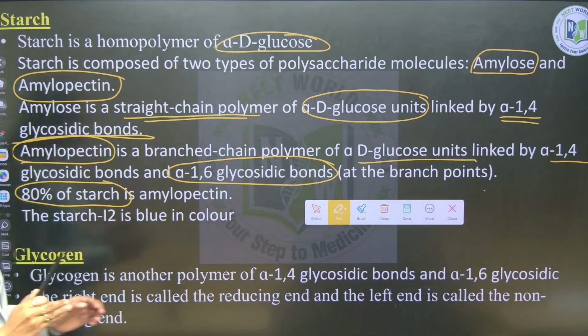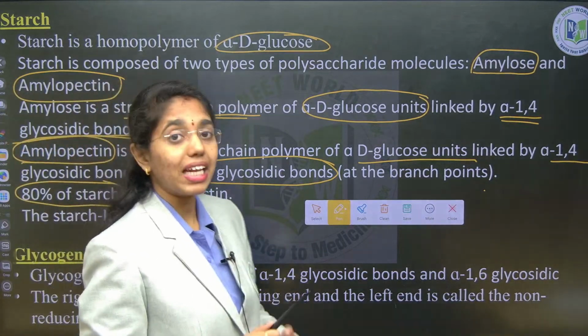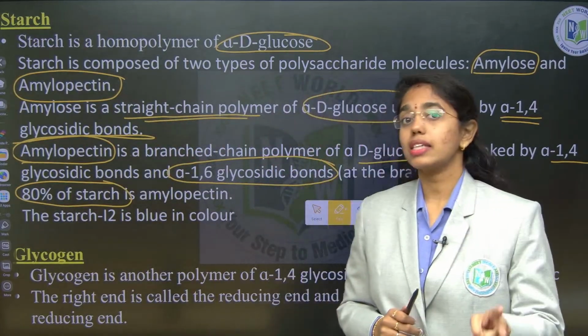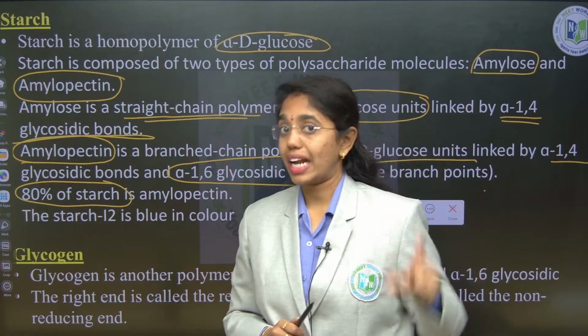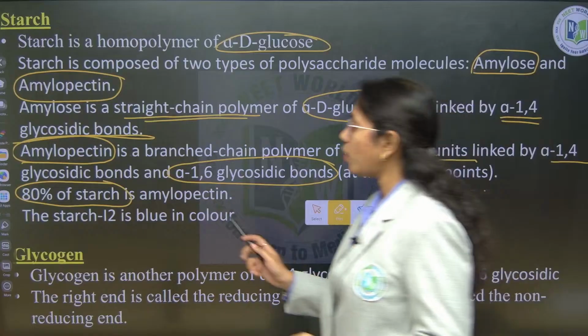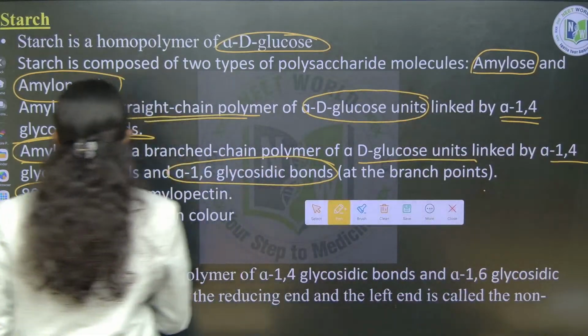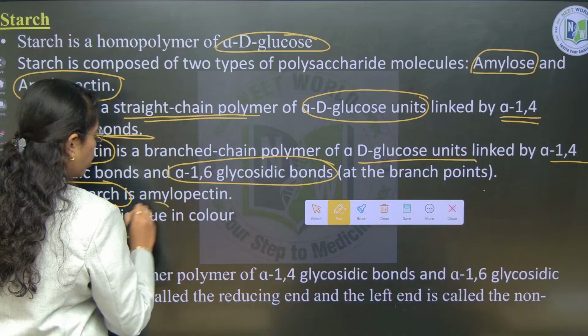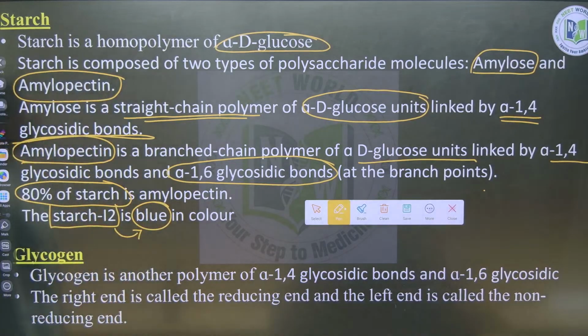Starch possesses complex helices because of alpha 1,4 and alpha 1,6 glycosidic linkages of amylose and amylopectin. This will give what? Blue color with iodine. Starch and iodine give blue color.